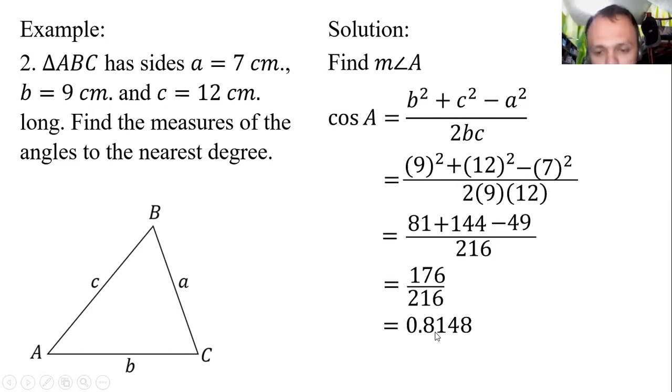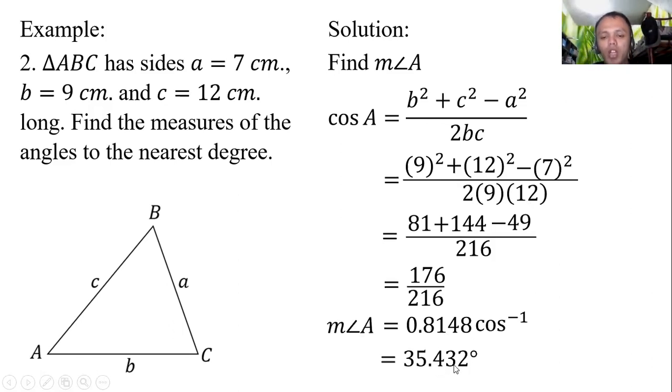That would be equal to 0.8148. What is the cosine here? We have 35.432 degrees, or 35 degrees, since we are rounding to the nearest degree.